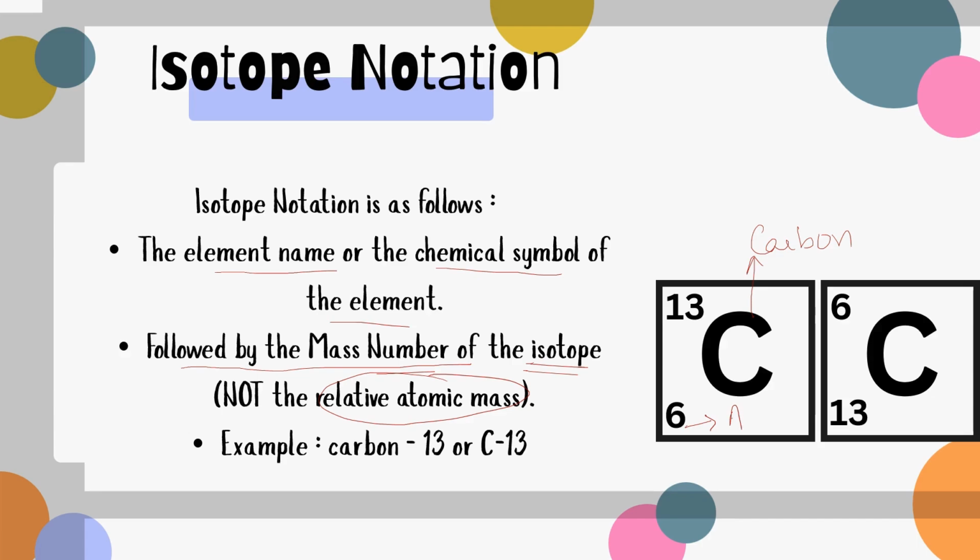This is the atomic number. The smaller one is the atomic number. The higher one is the mass number out of the two. So we will write the name of the element or the chemical symbol followed by the mass number with a hash.